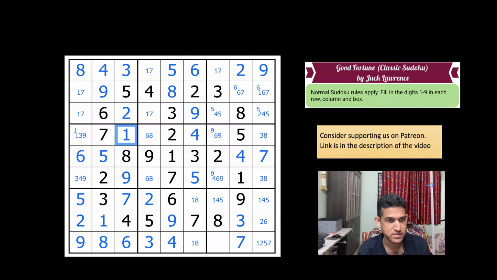So 1, 9, this is 3, 4, 6, 9. 9 cannot be here, so that's a 6. That's a 9, that's a 6, that's 8. 8 and 3. Excellent. 8 is here, so this is 1 and 8. I need 2, 5 in these two cells, right? And that is a 6 now.